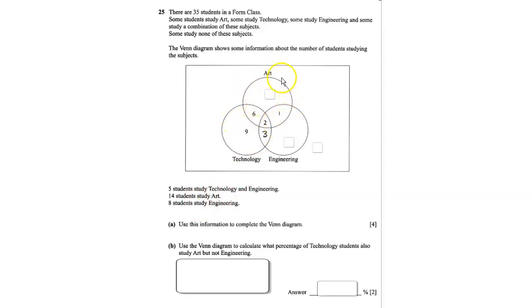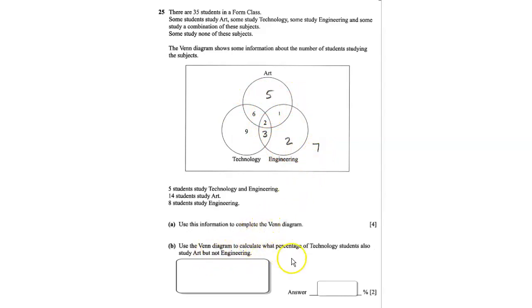We've got 6, 7, 8 and 9, and that should be 5, which would make 14. 8 students study engineering, so everything in this circle should add up to 8. So we get 3, 5 and 6, and this one should be 2. And whatever's left out here is 7, because when you add all these up and take it away from 35, you should get 7.